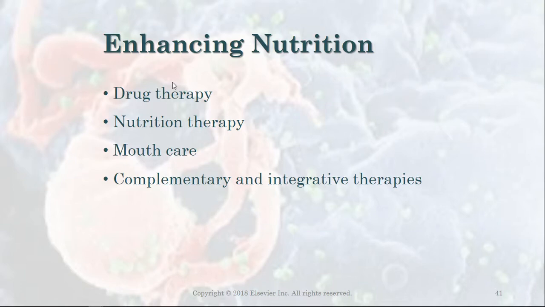Nutrition therapy, we want to monitor their weight, their intake and their output, their calorie count. And we want to make sure that we give them a high calorie and high protein diet. We want to provide mouth care, and when we do, we want to be sure to use a soft bristle toothbrush and increase their fluid intake. And then we want to add in those complementary and integrative therapies as well.